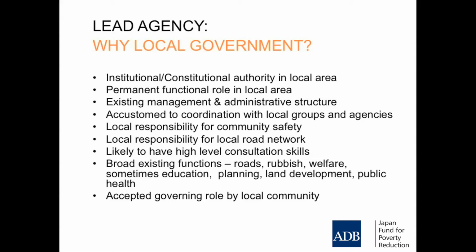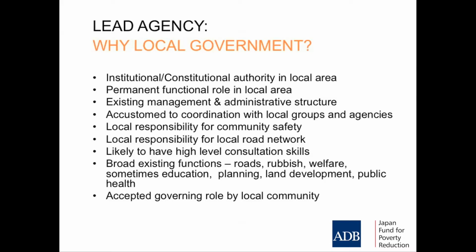It has local responsibility for a number of things that are relevant to a community road safety program. Certainly, general community safety is usually the responsibility of local government. Sometimes they have responsibility for the local road network. Not always, but sometimes. They're likely to have high-level consultation skills in their staff because that's the sort of work they're doing all of the time. Their existing functions broadly cover a number of the areas we might be interested in.